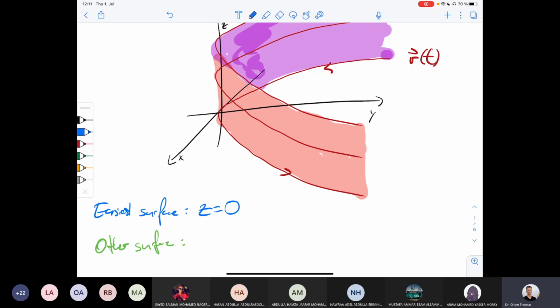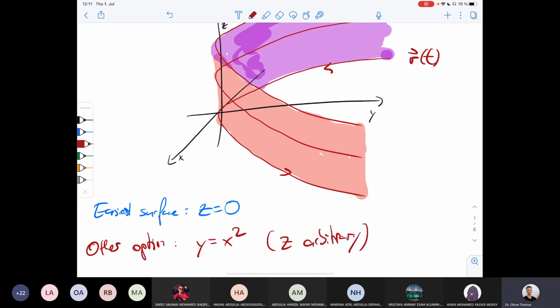And that is just given by y is equal, okay, no, different color. We were using red. y is equal to x squared, and z is then arbitrary, which we usually don't write, but just to make it absolutely clear, this is what happens.